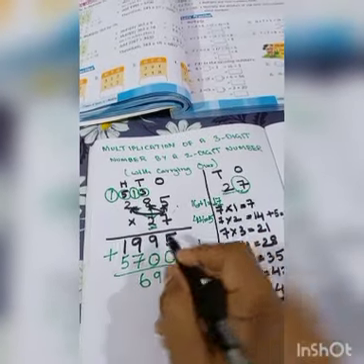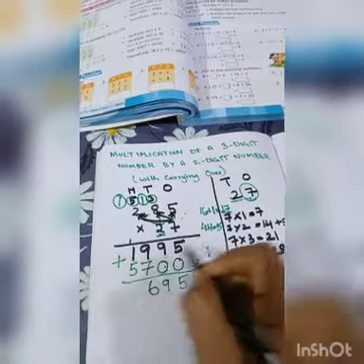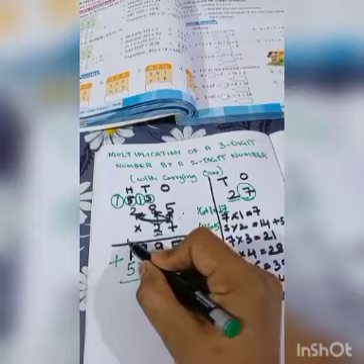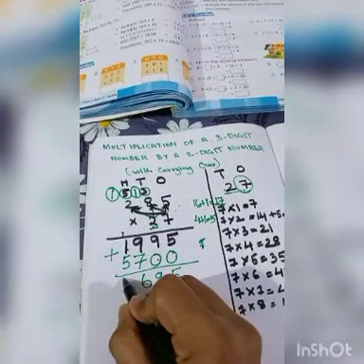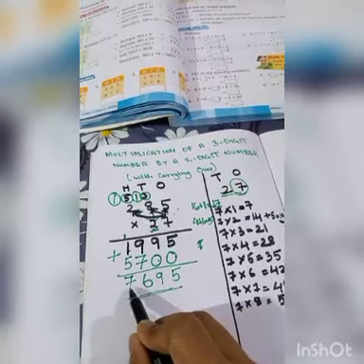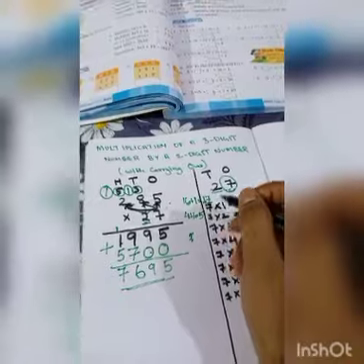Okay, 1 will be placed here, or you can put it here. So it will be better for your understanding. 5 plus 1, 6 plus 1, so 7. So the answer is 7,695. Okay, hope you understood.